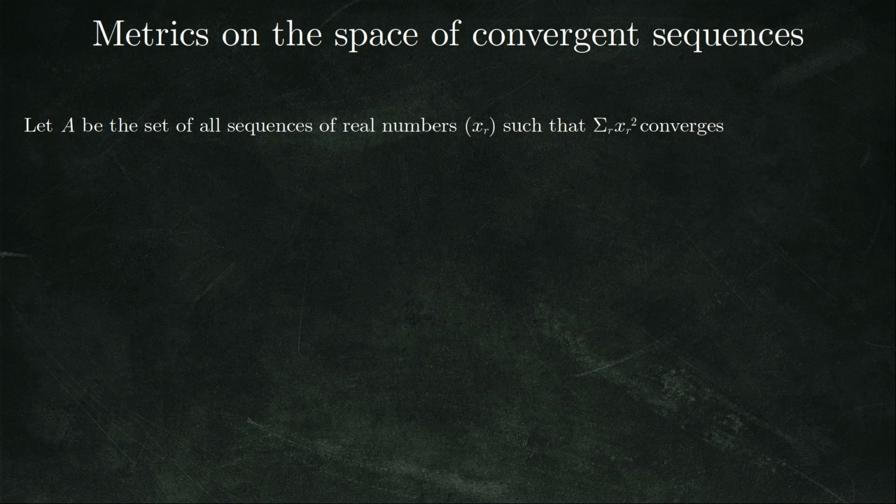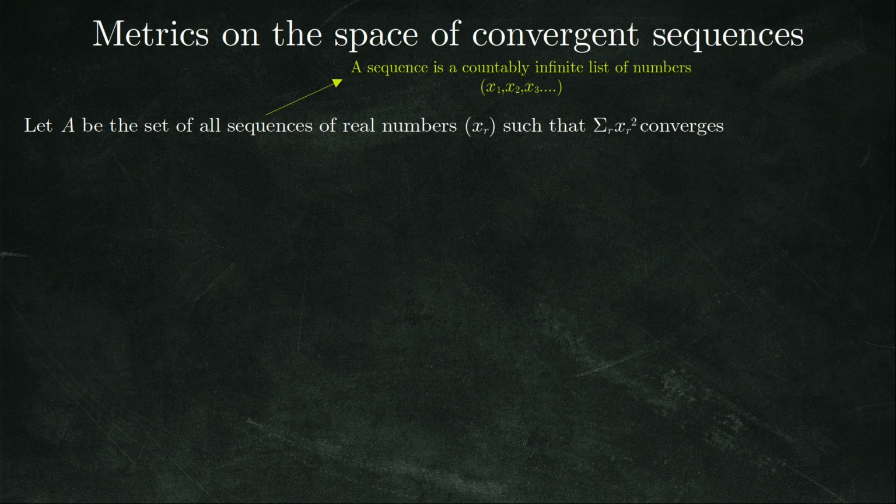That's, if we take every element in the sequence, we square them, and we add them together, then that sum is finite. And then a sequence, if you haven't seen that before, is a countably infinite list of numbers. So x1, x2, x3, and this goes on forever.